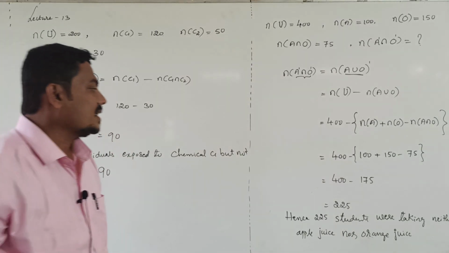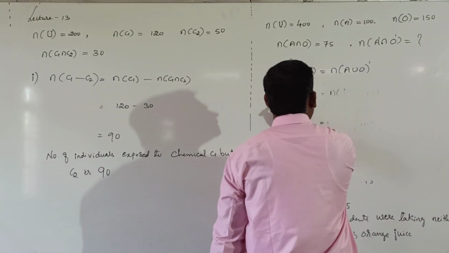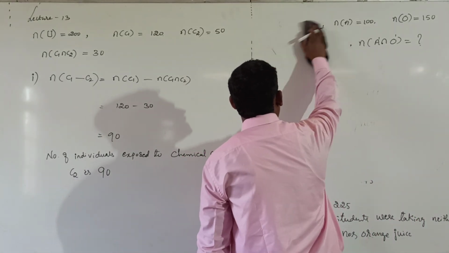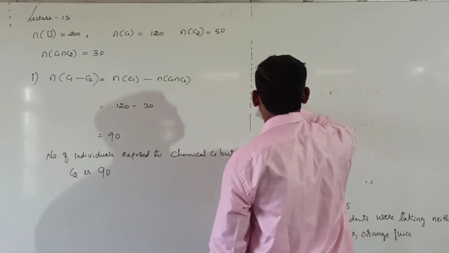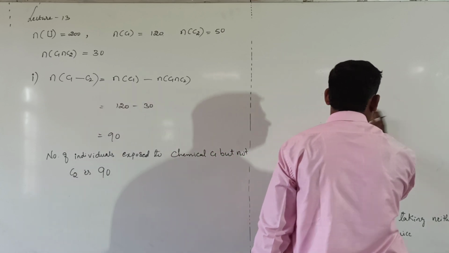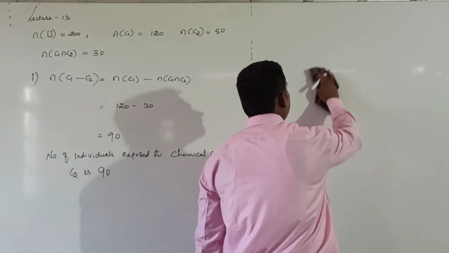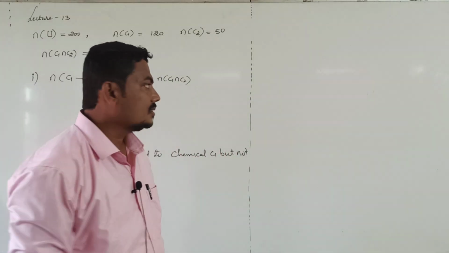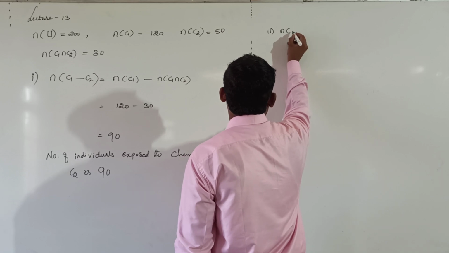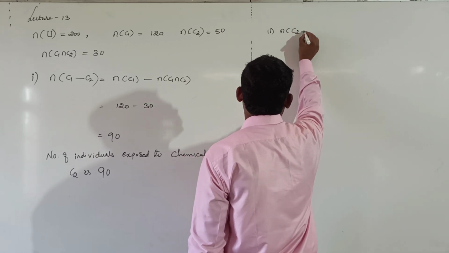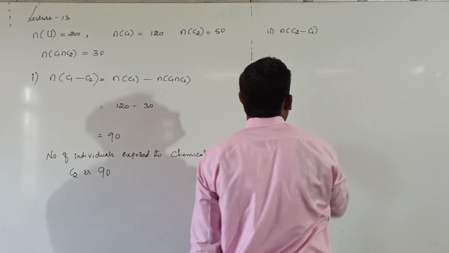In the second question, chemical 2 but not chemical 1 means only chemical 2. We need to find the number of individuals exposed to chemical 2 but not chemical 1.